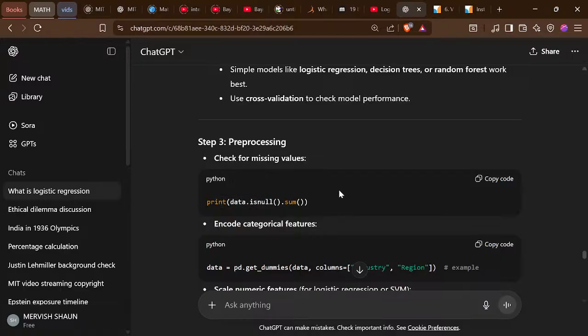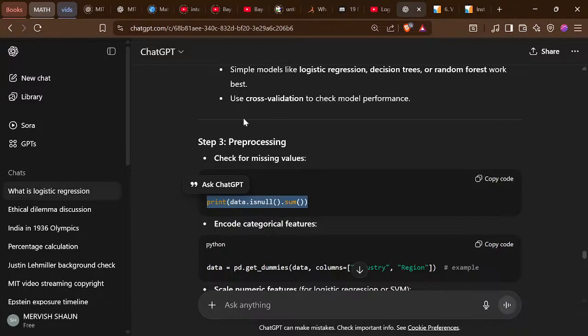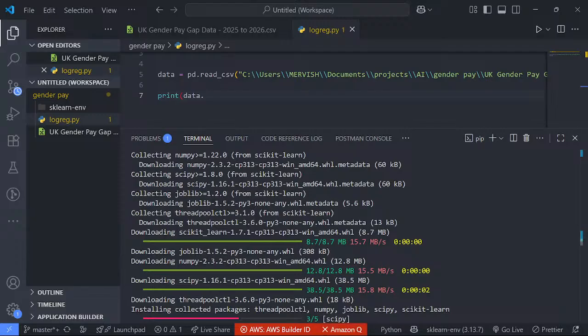Pre-process. What is it? Data is null sum. Check for missing values. Will I get like a shitload of data? Is null data is null sum?